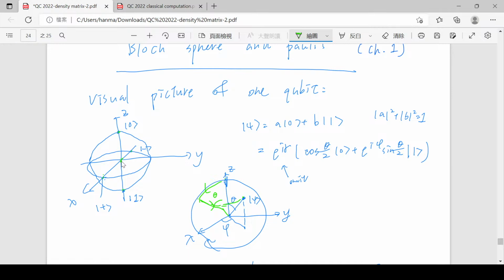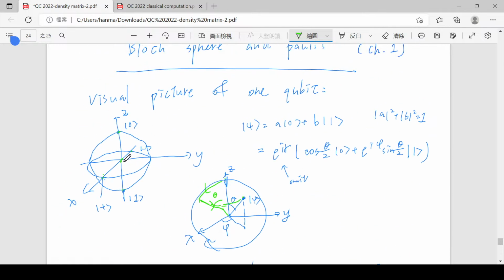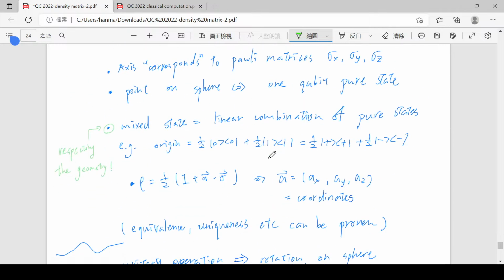I should say the ensemble interpretation of mixed states just coincides with the geometrical interpretation here. So for example, this origin, if you think about the average on the sphere, this 0 point should be 1/2 of this plus point and 1/2 of this minus point.